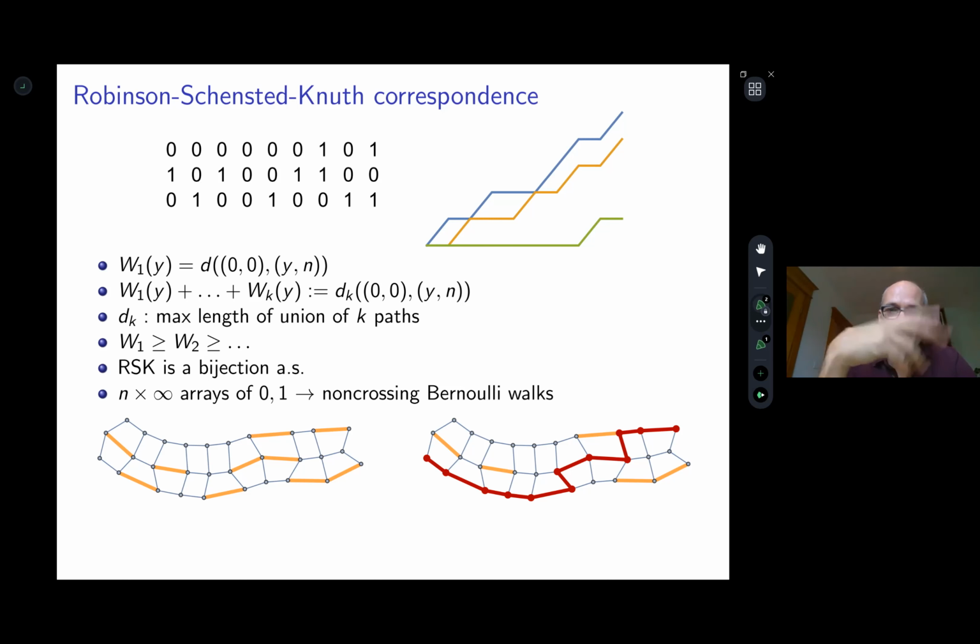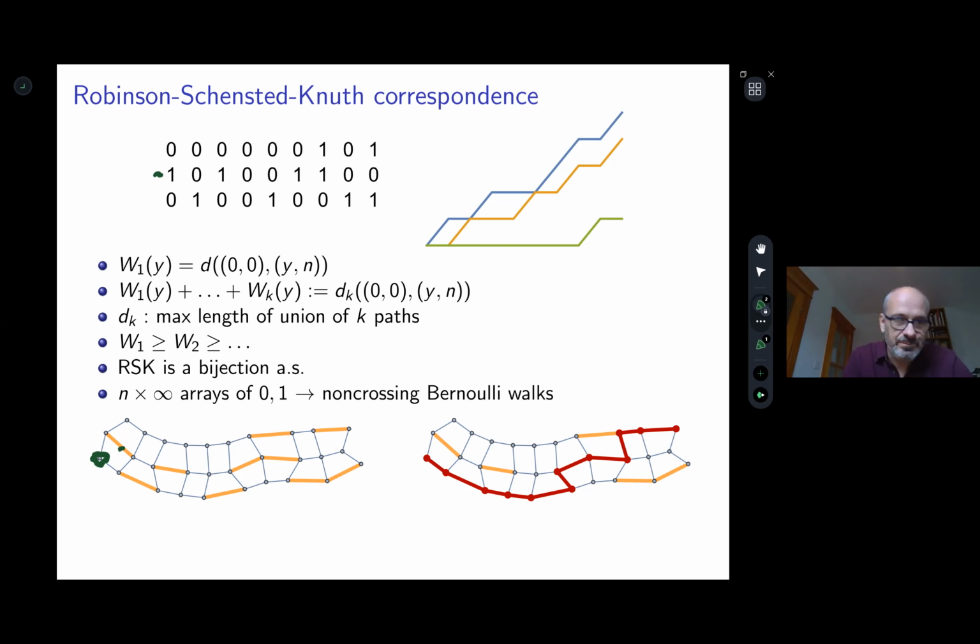So given this kind of array, which corresponds to the edge lengths in this graph that I've drawn, so it's this binomial array, right? This tells you, for example, this is a 1 because that edge is long there. You're going to define a sequence of distances, and you're always going to measure distance from the bottom left corner.